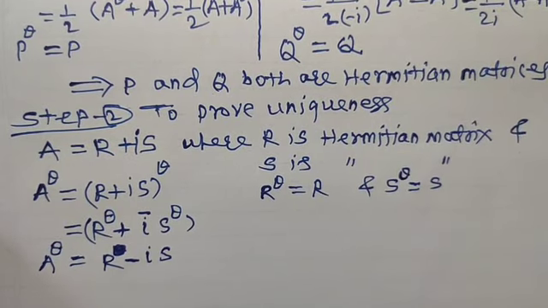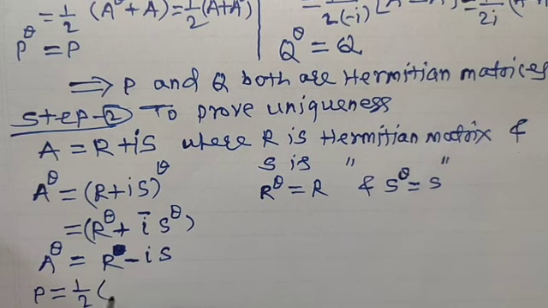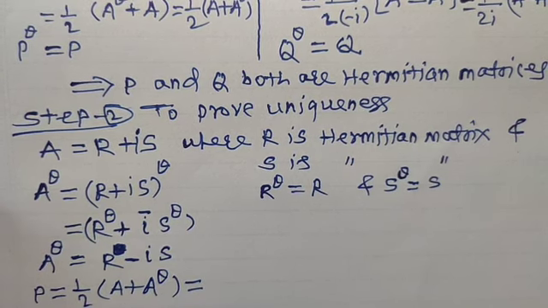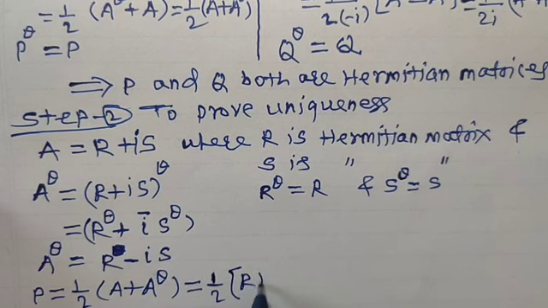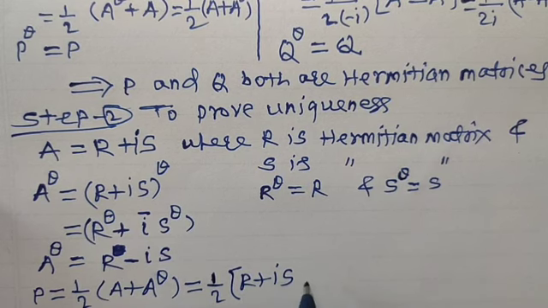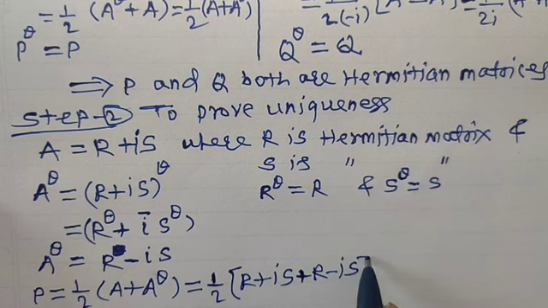But you know, in step number 1, we have taken P is equal to half of A plus A theta. Now A and A theta in terms of R and S. A is this, 1 upon 2 into R plus IS, and A theta is R minus IS plus R minus IS.